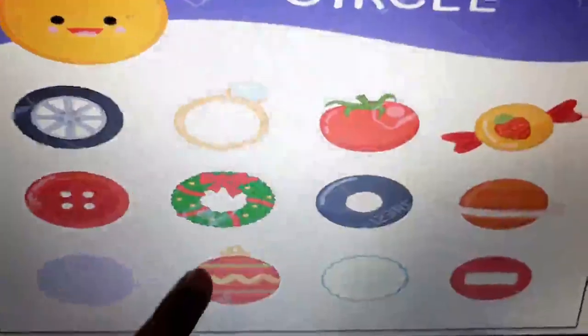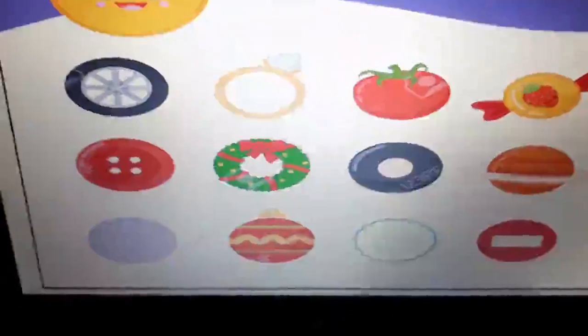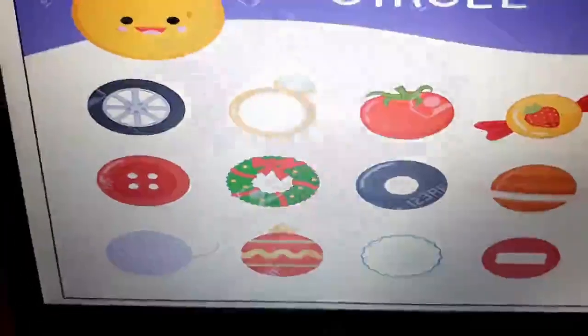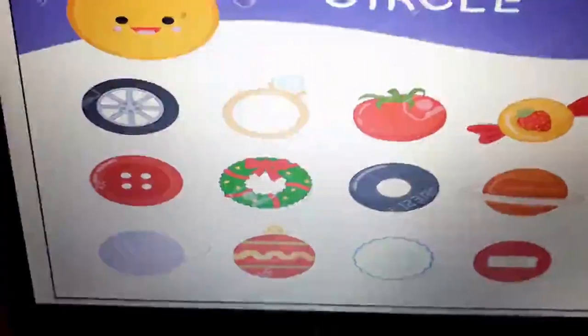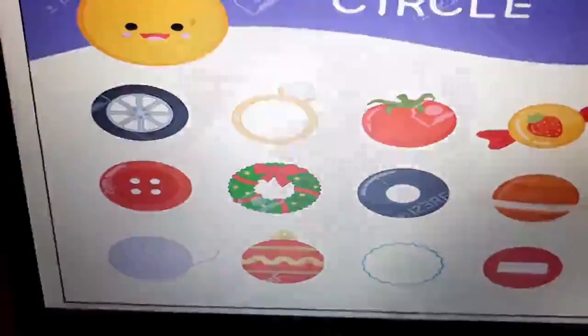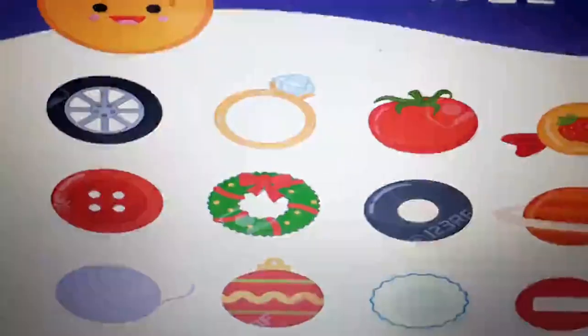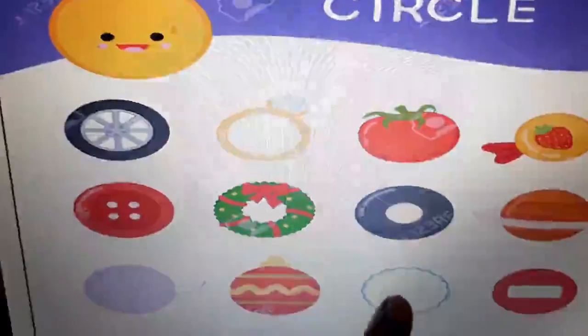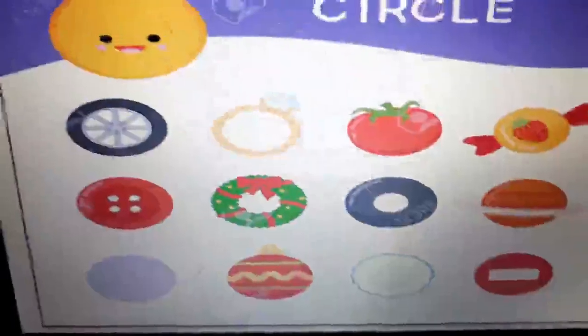Then we have one more hanging, one more decoration part which we use to decorate Christmas tree. So these are fancy balls or lights, circle in shape. We have tomatoes, circle in shape, isn't it? Then plate is also circle in shape. What is this?